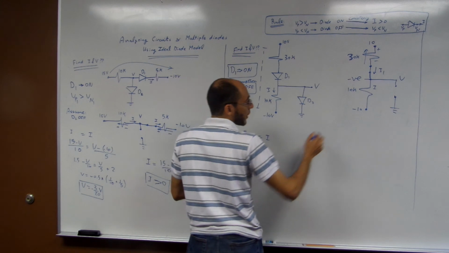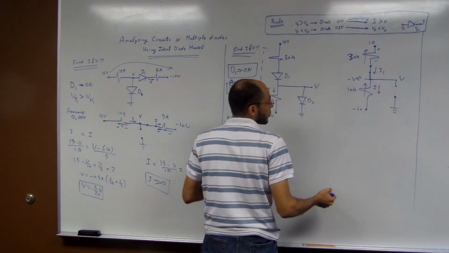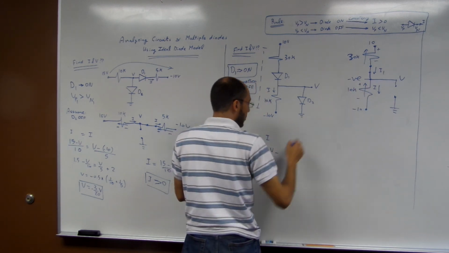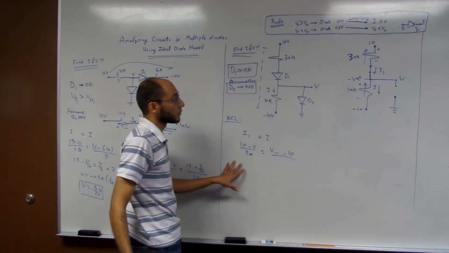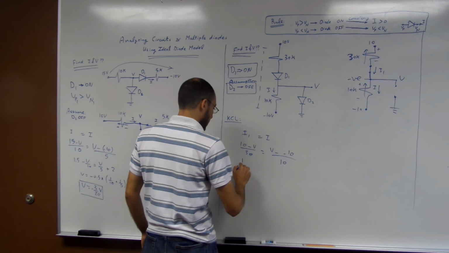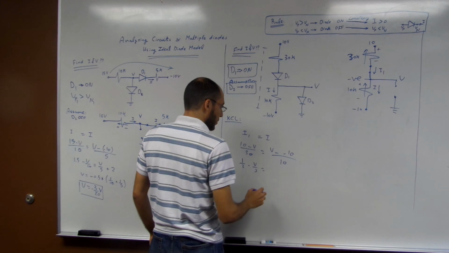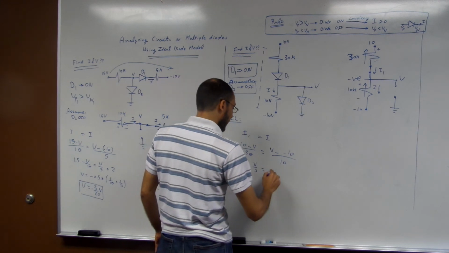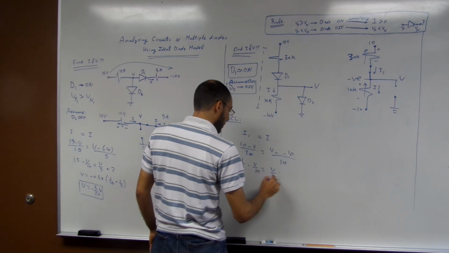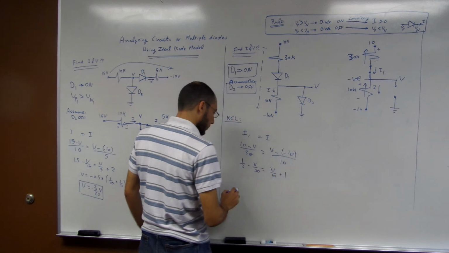And what's the value of the I? Current passes below to the top, and that's the value of the voltage, right? Plus minus V minus negative 10 over 10K. Okay? So that is 1 over 3 minus V over 3 equals V over 10, 30 plus 1. Okay?